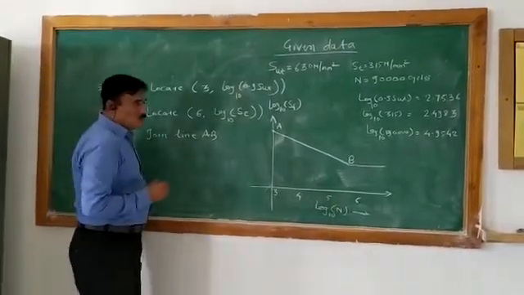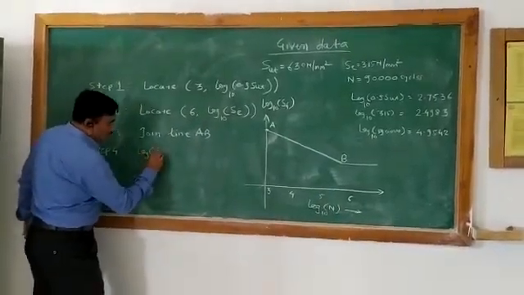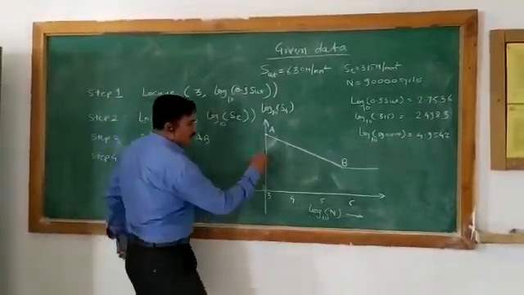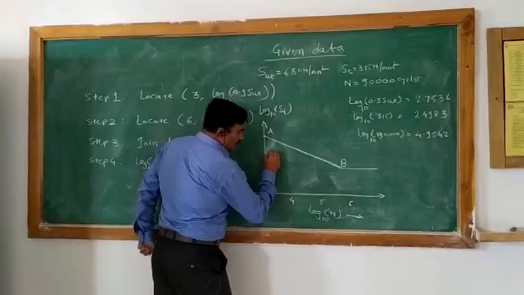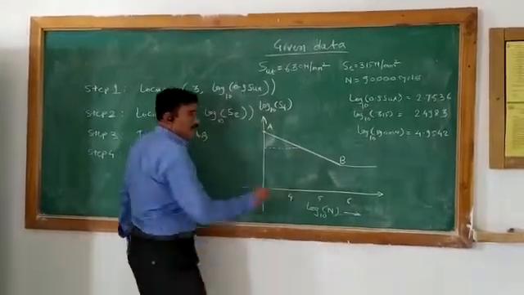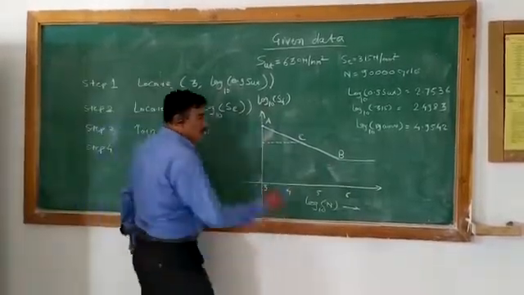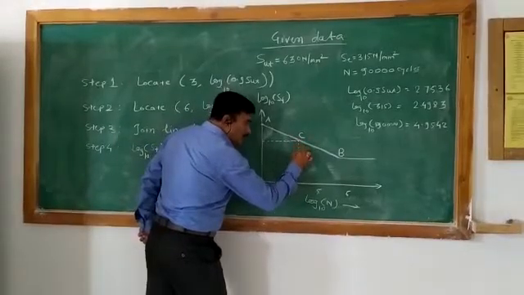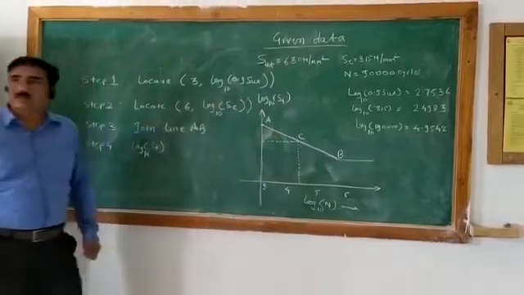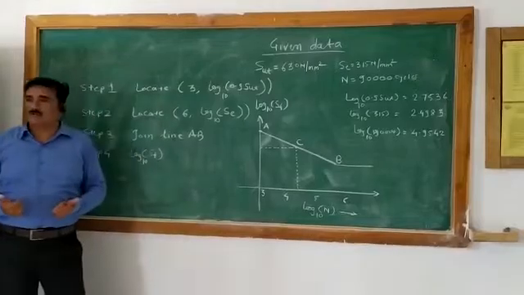So what is the next step? Take log of SF to the base 10. It will be somewhere here. Draw a line parallel to the x-axis which will cut the line AB at a point, name it C. Now draw a line perpendicular to the x-axis and parallel to the y-axis. This will go to the x-axis, and this point will give you the value of N.